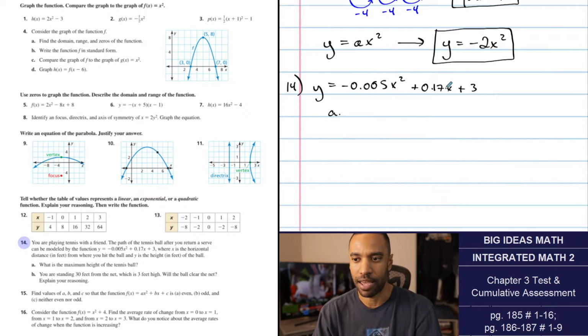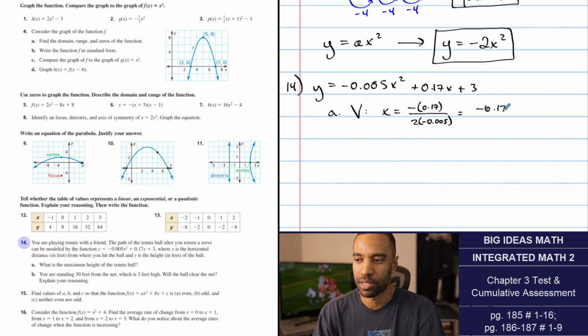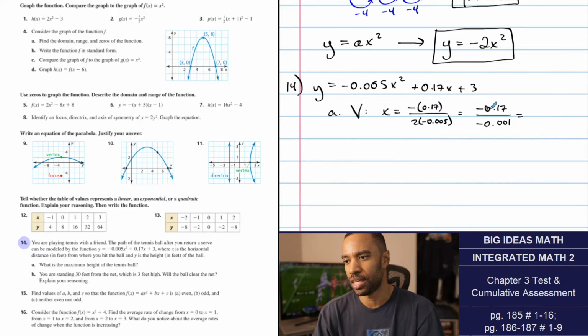Now, your vertex you can find out of standard form can be found using -b over 2a. -b over 2a. So that's -0.17 over -0.001, which I think that's a 3 decimal place shift over. Is that 170?